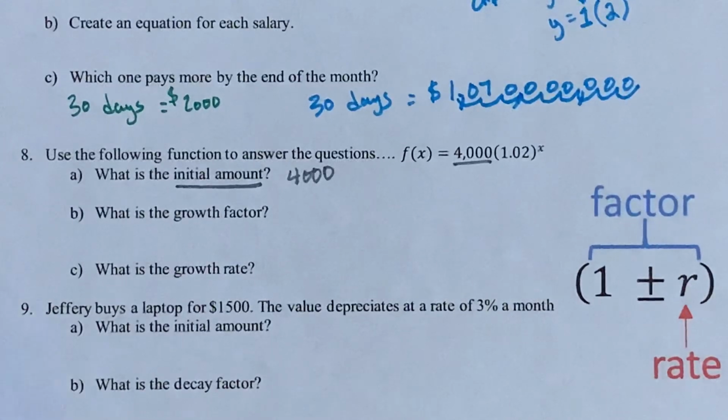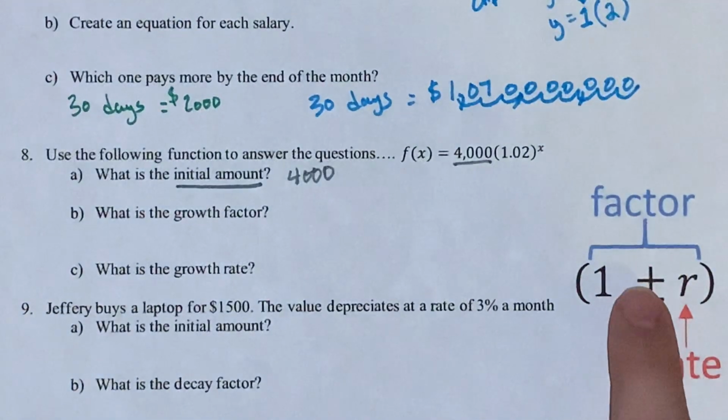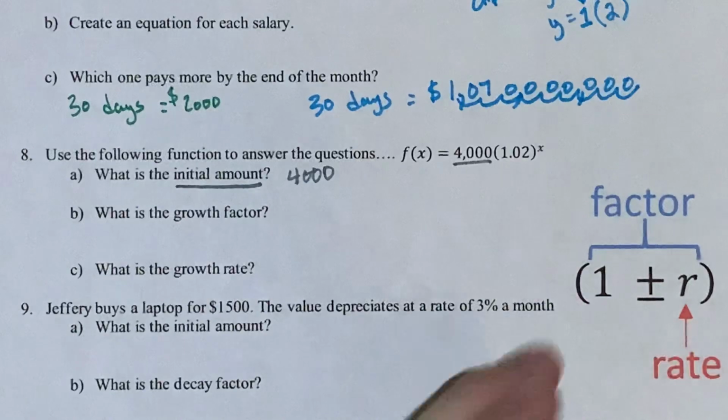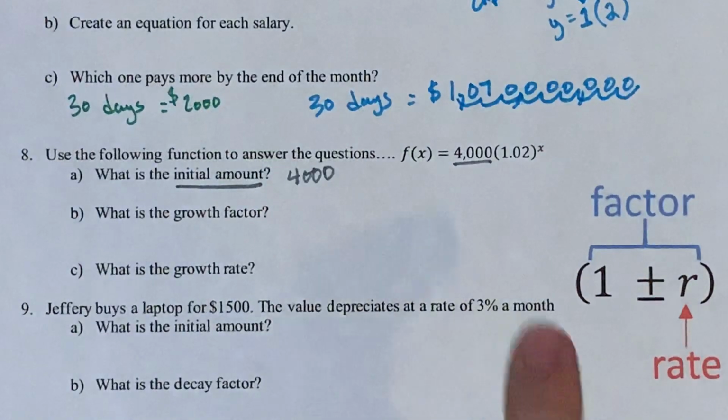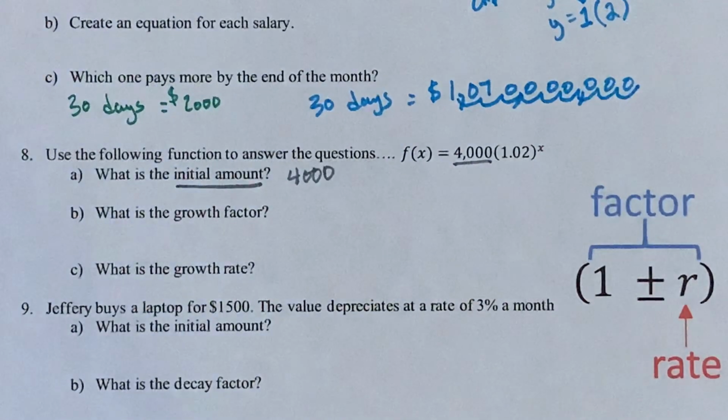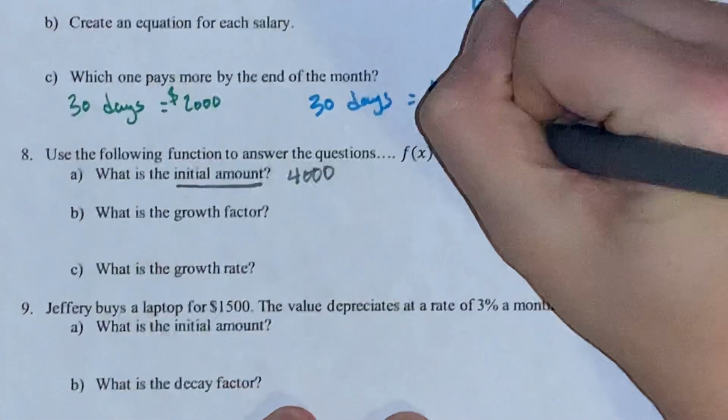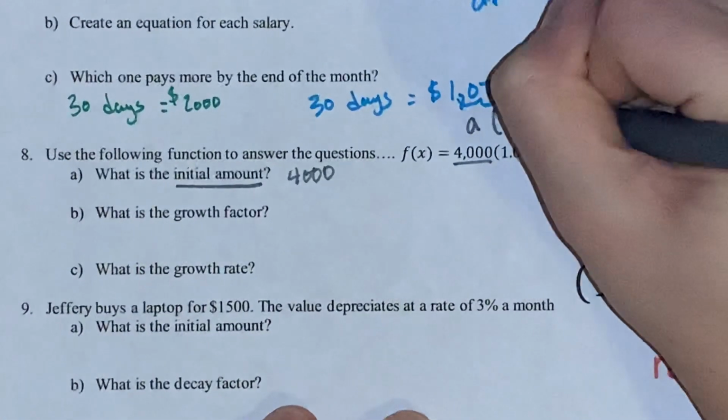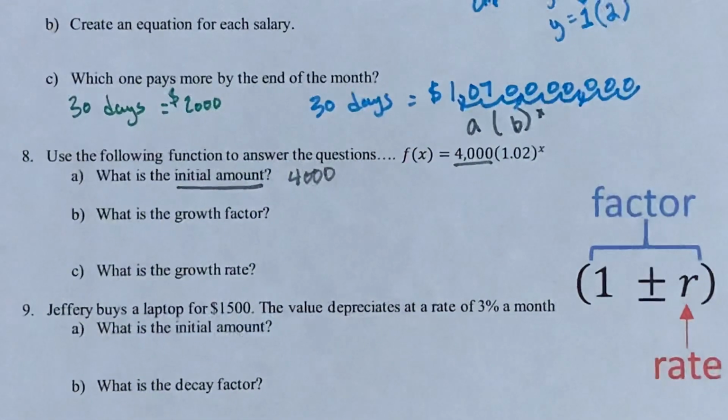So for part B, the growth factor, here you can see 1 plus R or 1 minus R all together is the factor. So if we're given B, which, I mean, this would be A, this would be B, and then raised to the X. That's just the standard form. If we're given B, B is the factor, not the rate.